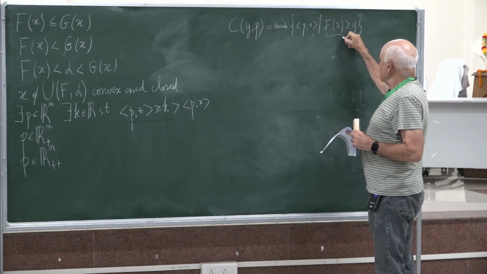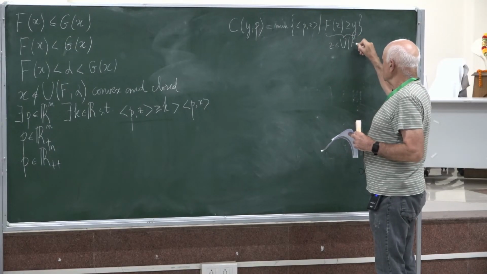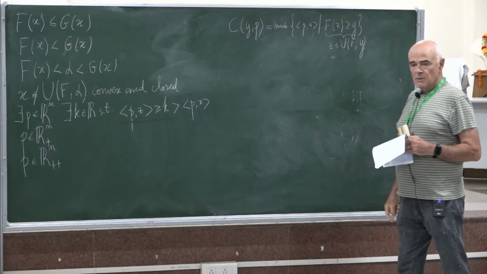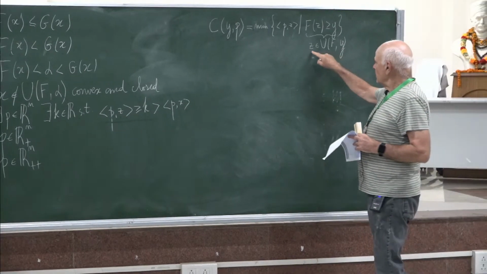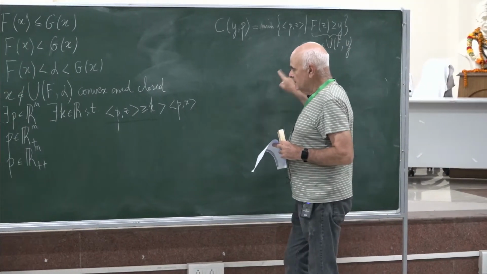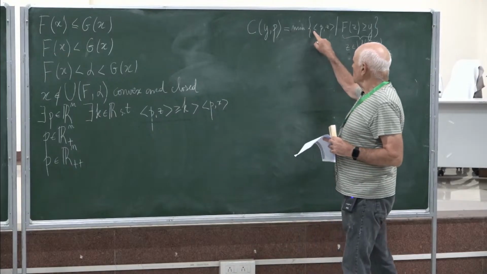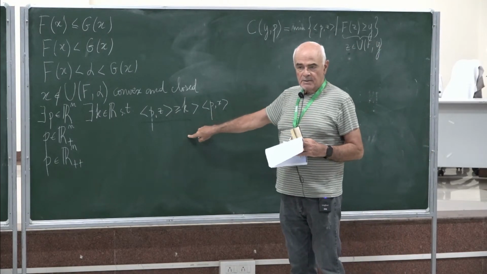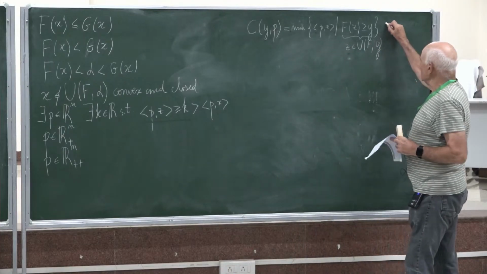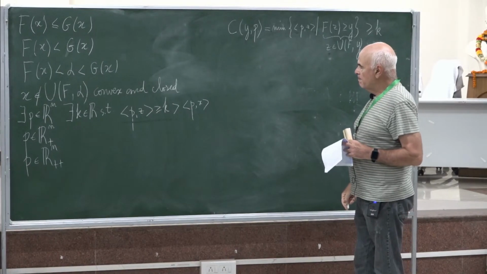That is to say that z is in the upper level set of f corresponding to the level y. And we know that for every such set, we have this inequality. So all these inner products are greater than or equal to k. So this must be greater than or equal to k.